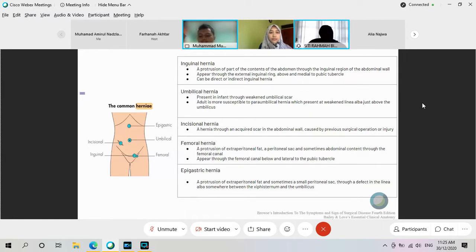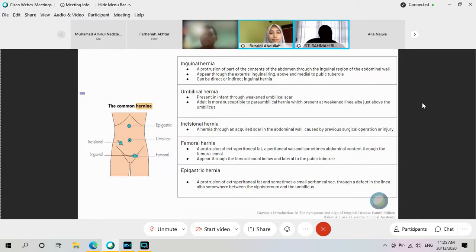That's why I'm asking you for the percentage. You say epigastric hernia is common, but there is no percentage. And we have hardly seen any case of that in the past few years. That's why you need to include the percentage.